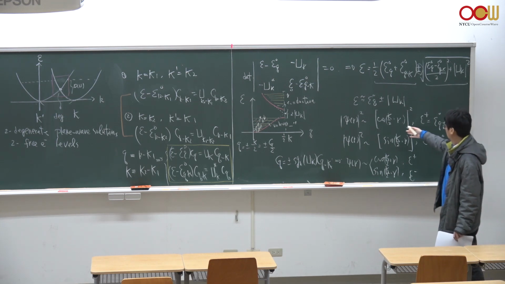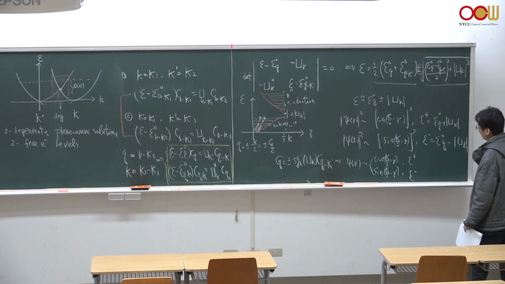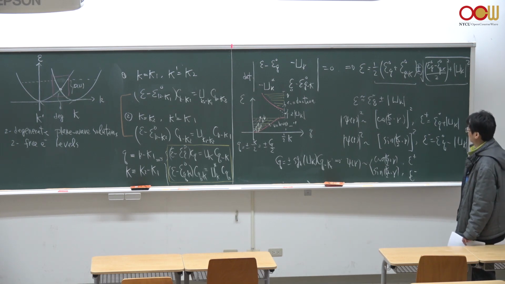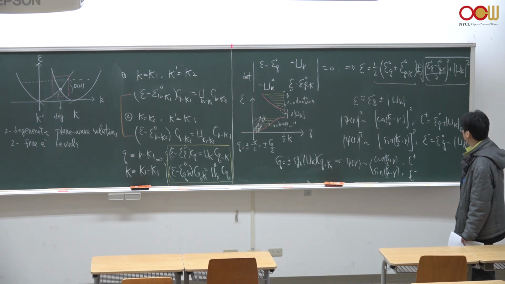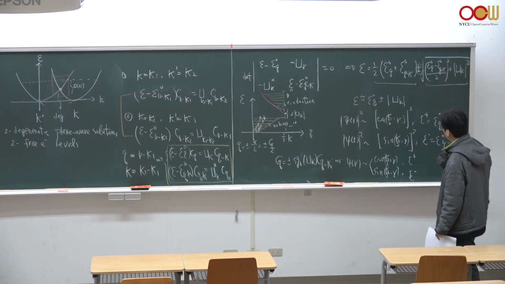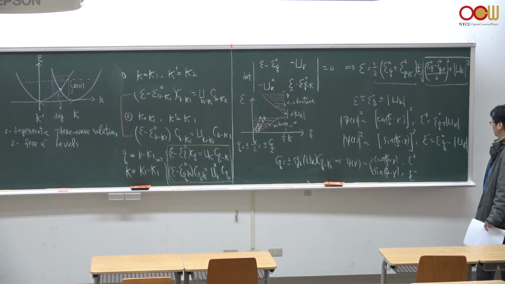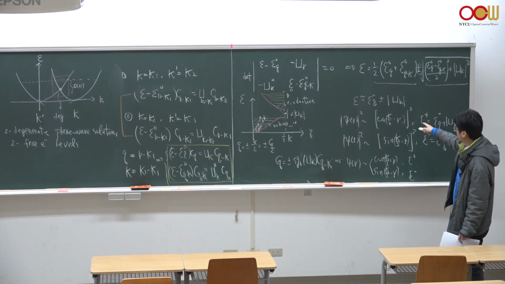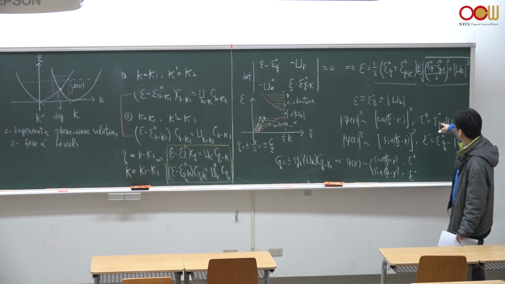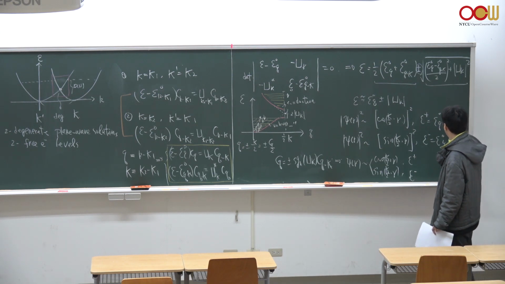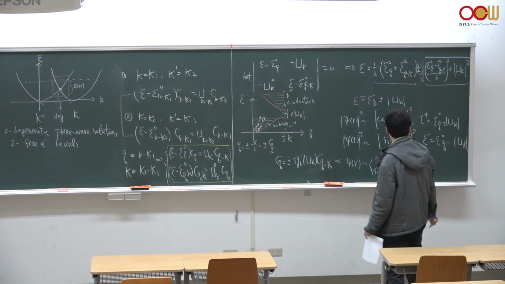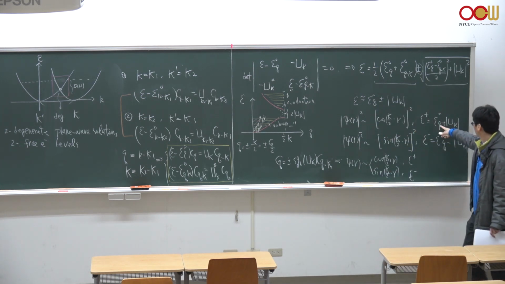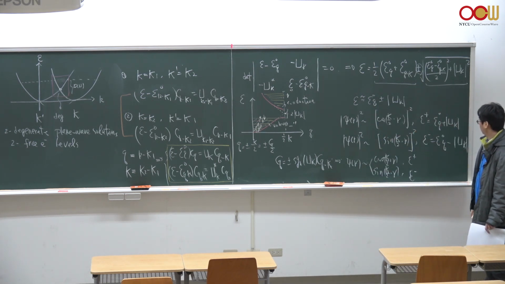You could easily get the intensity or probability to find this electron in a particular place as the square magnitude of the wave function psi of r, which behaves as either cosine square or sine square. And the eigenenergy associated with that state is epsilon plus or minus, which is just plus or minus a difference relative to the free electron dispersion, epsilon 0 of q.